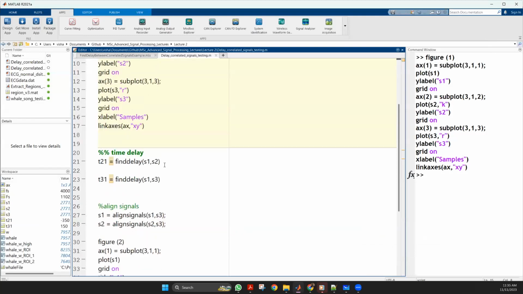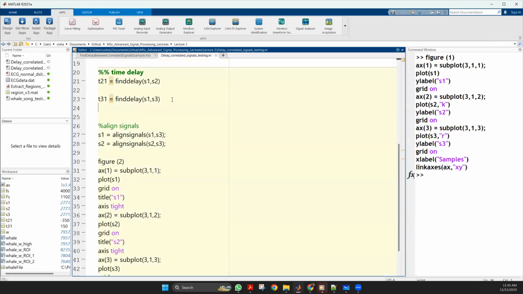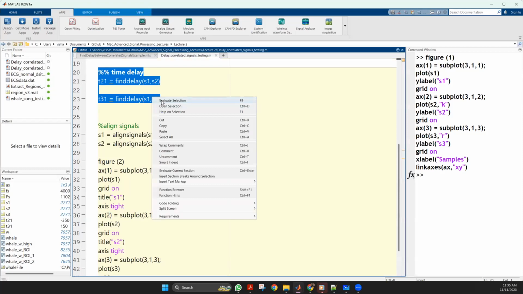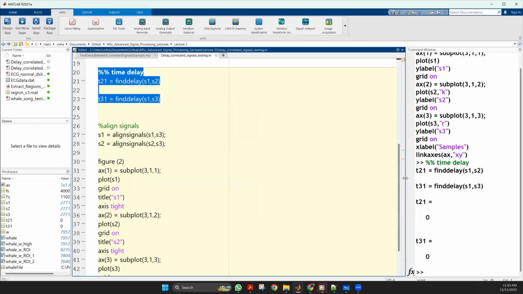In order to align them, one thing I can do is find the delay between the two signals. Between the signals S1 and S2, I can find the delay by using the find delay function. And if I want to find the delay between S1 and S3, I can do it using this command, S1, S3, and you can find the delay there.